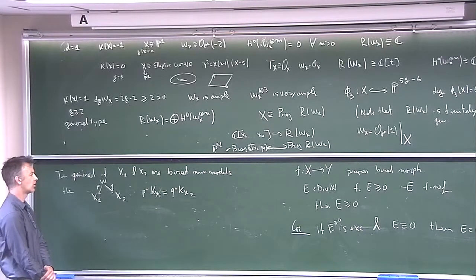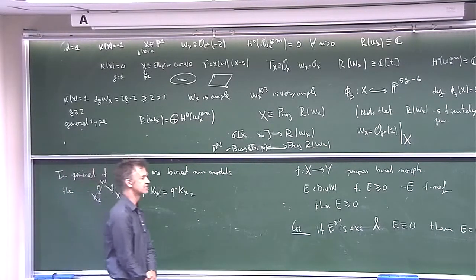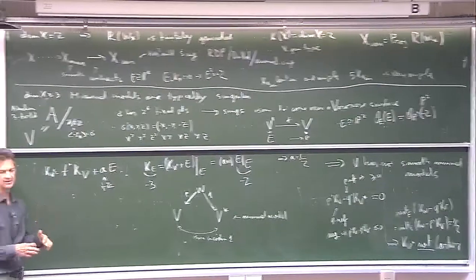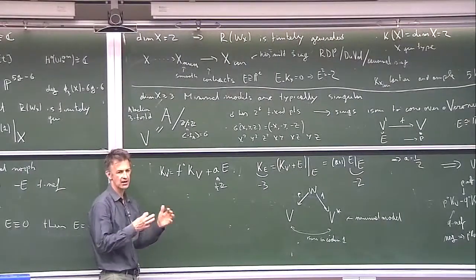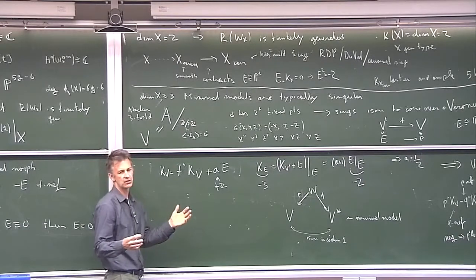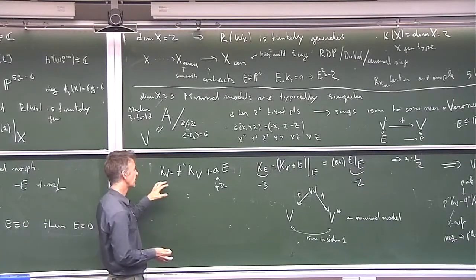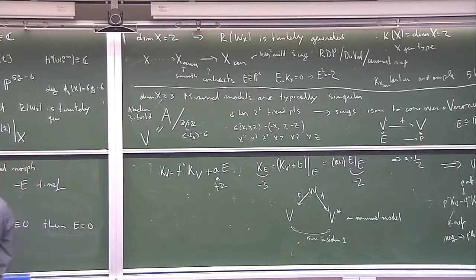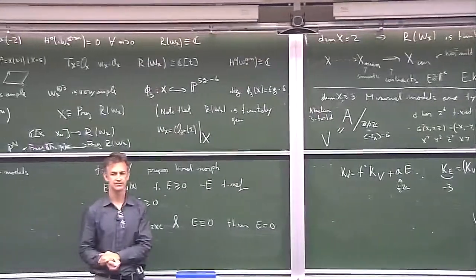OK, so for now, the takeaway of this is simply that already for surfaces, singularities are starting to naturally appear. The canonical models have mild singularities. You could say, well, we can get away with minimal models, so let's not worry about that. But for threefolds, even the minimal models, you have to allow them to have some mild singularities.